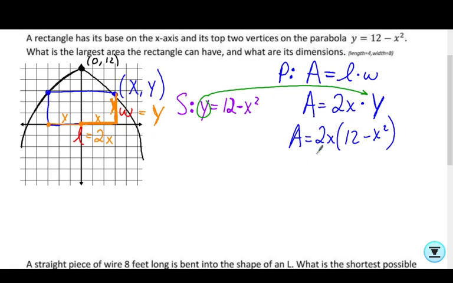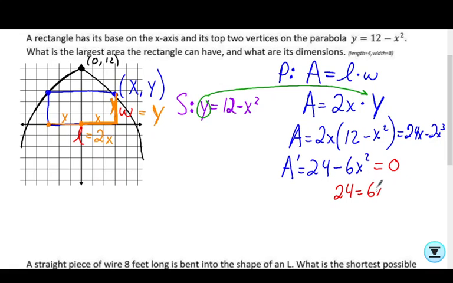Simplify, we get 24x minus 2x cubed. Then we take the derivative. The derivative of 24x is 24, minus the derivative of 2x cubed, which is 6x squared. So that's my derivative. Set it equal to 0.